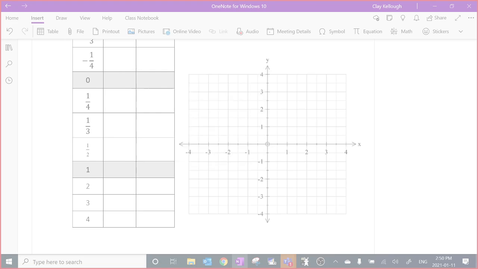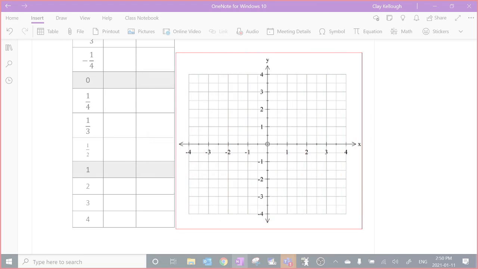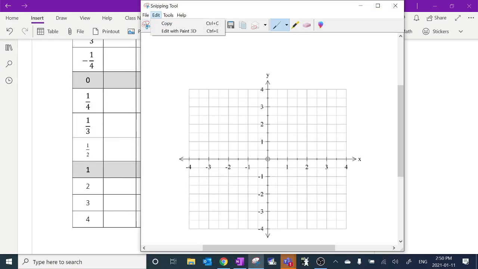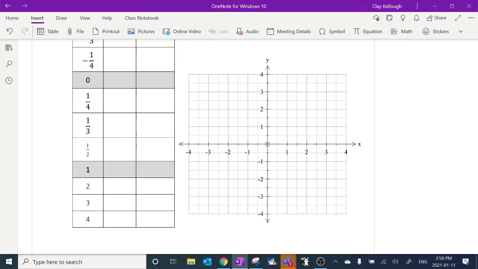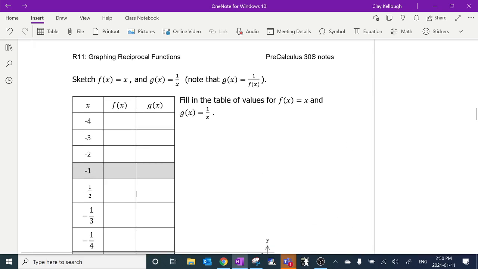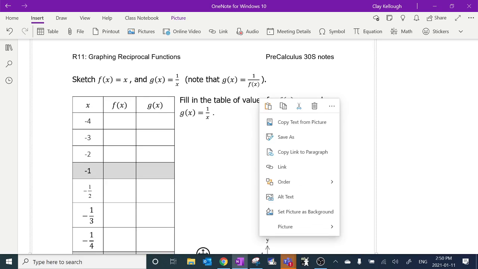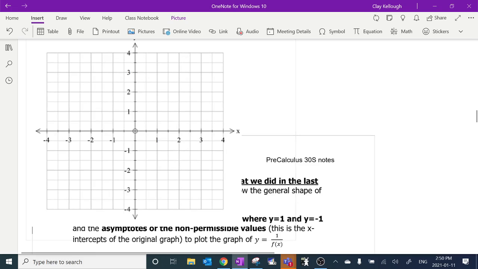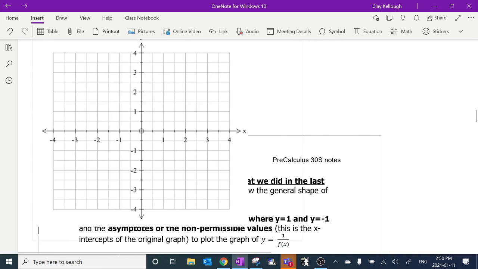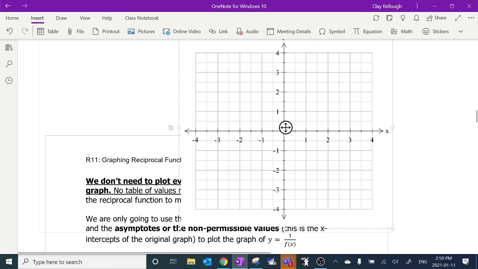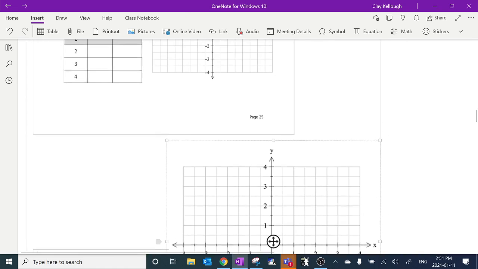And we'll take a snip of this diagram, and we'll go edit, copy. We'll shrink that. And then we'll go up to say here, and we'll paste it in. Now we want to move it, so we want the whole thing and we want to move it up.